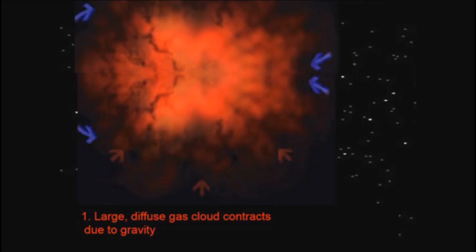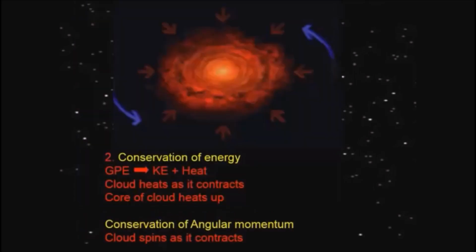As it condenses down, it'll start to spin. And as we talked about conservation of energy before, as it gets smaller, its gravitational potential energy will be reduced, and that will go in the form of kinetic energy and heat. So using the Kelvin scale, this kinetic energy will go into thermal energy and start to heat up this cloud.